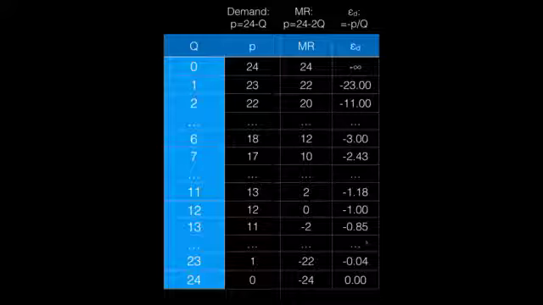You can go through all those calculations. This illustrates that you have a downward sloping demand curve, that the price elasticity varies depending upon where you are on the demand curve, and that the marginal revenue curve is going to be inside your demand curve.